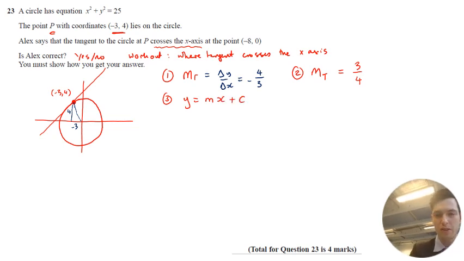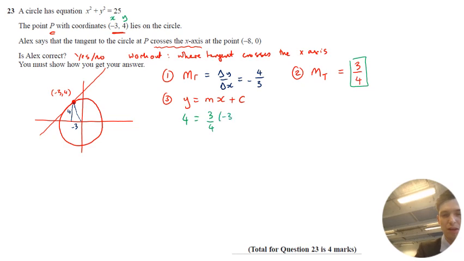I know that the gradient is 3/4. And I also know this point, x y, minus 3 and 4. So we're going to substitute all of that in. 4 equals 3/4 times minus 3 plus c.